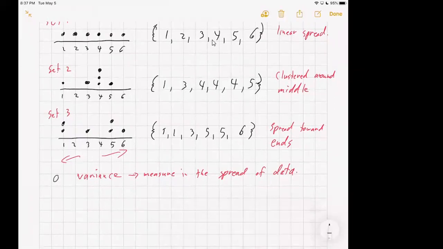Usually we use the symbol sigma. It's like a little o with a little tail on it. It's a lowercase Greek letter sigma. The variance is sigma squared, and sigma, without being squared, is called the standard deviation.